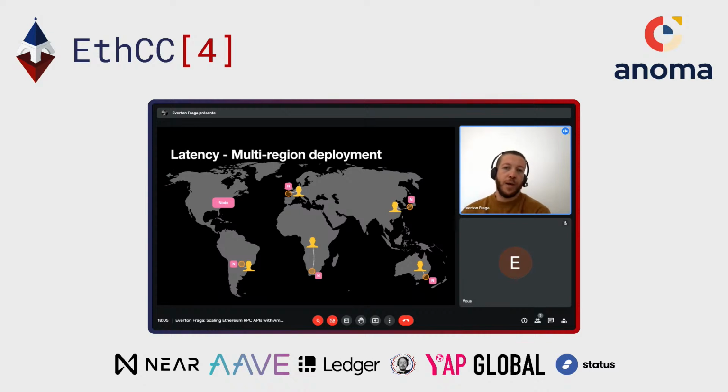Here you would have a really simplified version of it, because there are many more regions, but we're going to see that in a few minutes. Each user would access the closest region and the nodes that are deployed there. So just giving an idea of how we can achieve that.